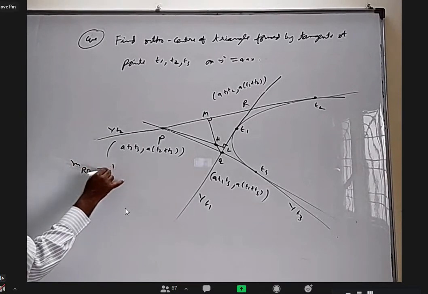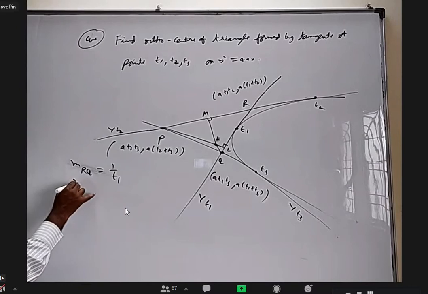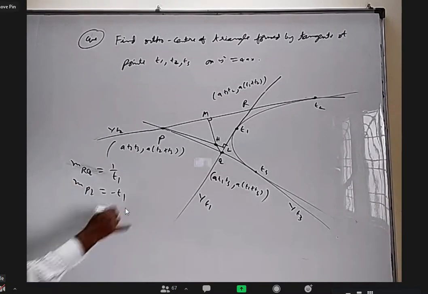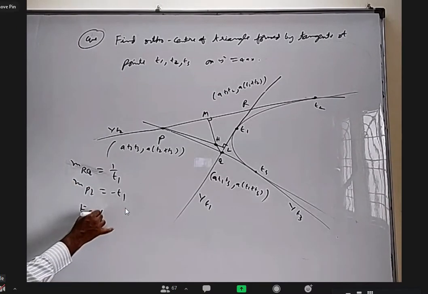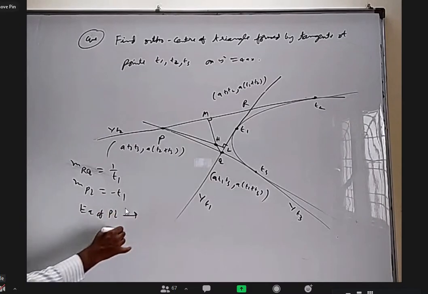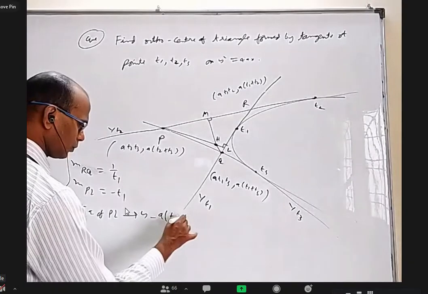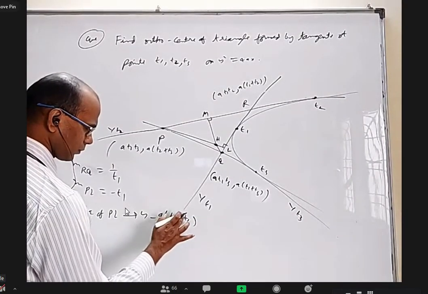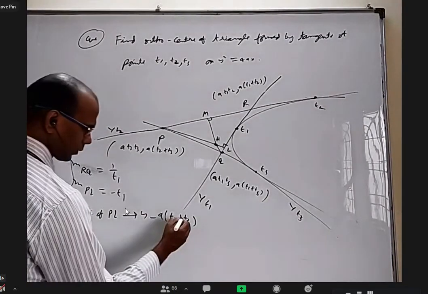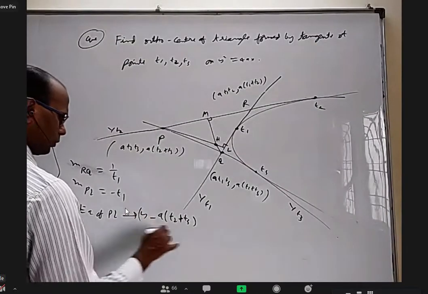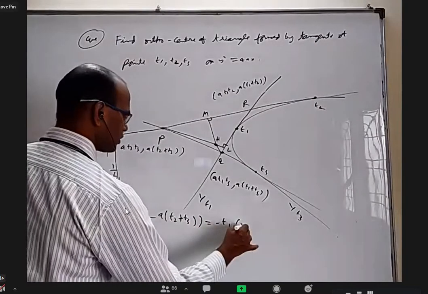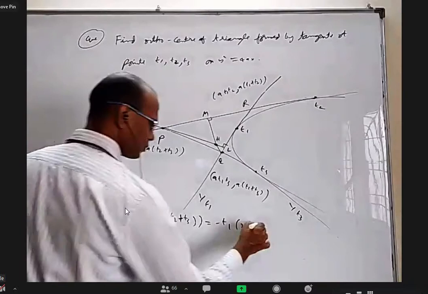Slope of RQ we already know is 1 by T1. So slope of PL is minus T1. Equation of PL: y minus a(T2+T3) equal to minus T1 into (x minus aT2T3).